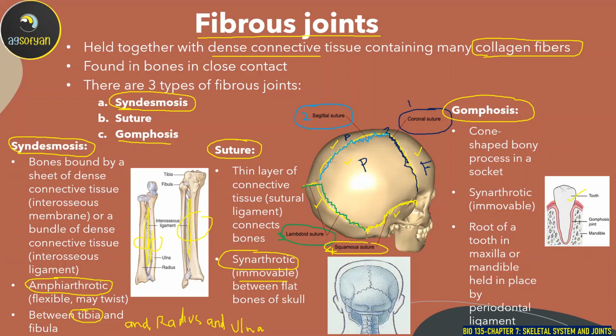We should know that the gomphosis is synarthrosis, an immovable type of joint. If the tooth is actually moving in the socket, it means that there is a problem with our tooth. It should stay. It is an immovable type of joint.